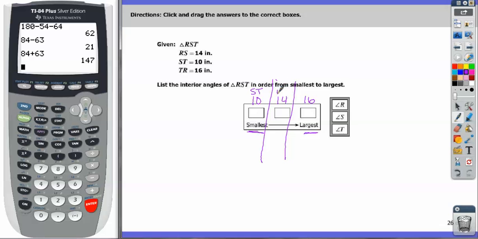It's at RS. And 16 is at TR. So if I have an S and a T, what letter's missing? R. If I have an R and an S, what letter's missing? T. If I have a T and an R, what letter's missing? S. So I would have slid those over, and that's my answer. And I make this table on my scrap paper all the time.